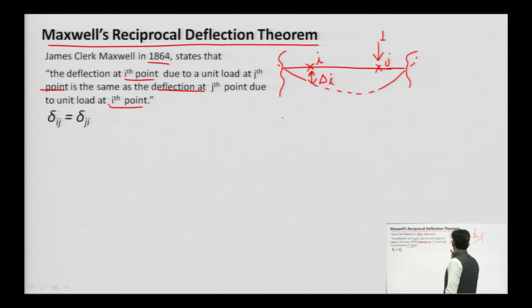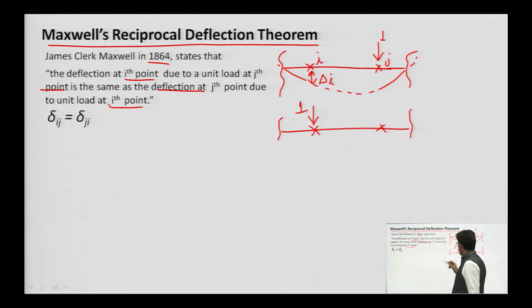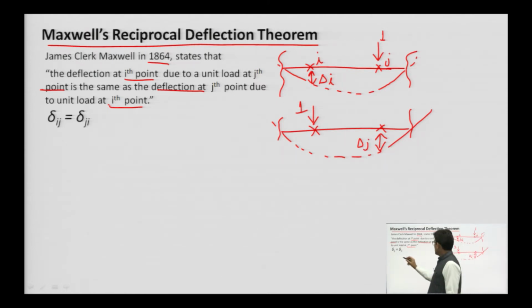Means we interchange the position of the load. The unit load has been applied here, and in this case, if we observe the displacement at this joint, then according to this theorem, delta i is equal to delta j.